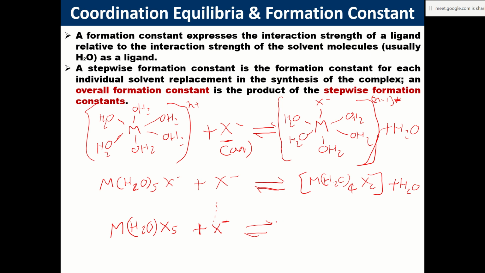In this manner, finally you will achieve MX6, with charge n minus 6, something like this. Okay, so this is how we have to visualize things.